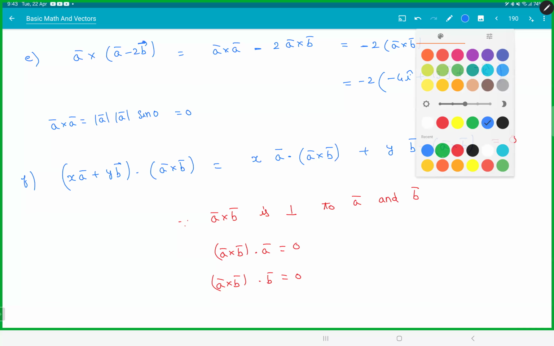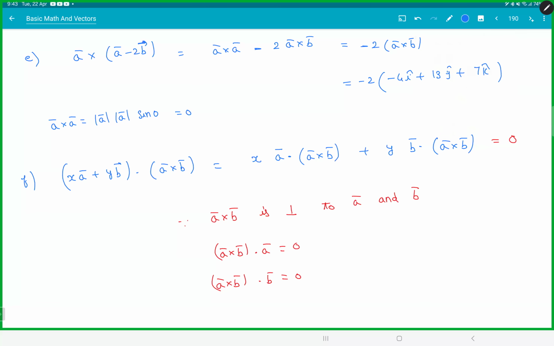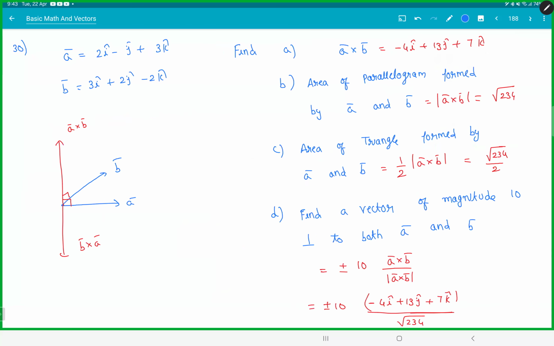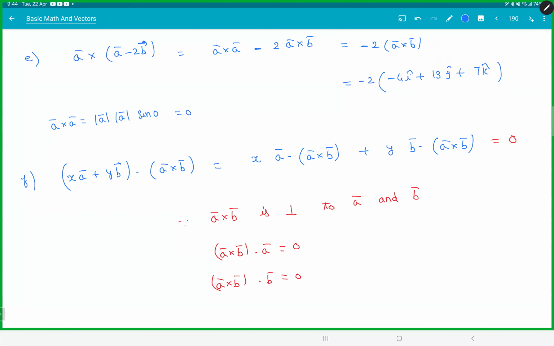Is this making sense, everyone? All that you did was calculate A cross B once, and then you got everything else. It's a good question. It has 6 parts. Any doubts on this? All clear?